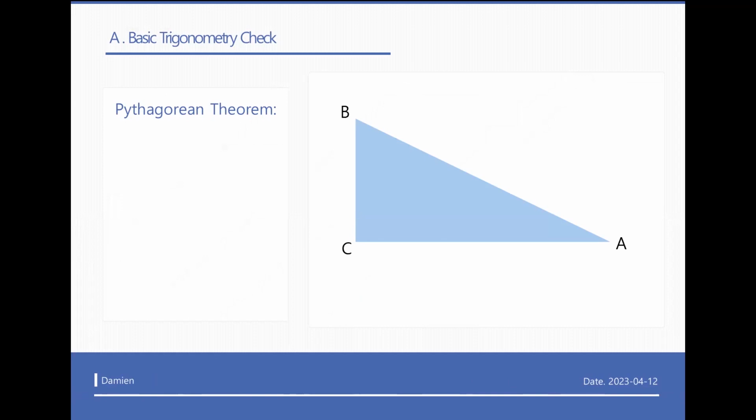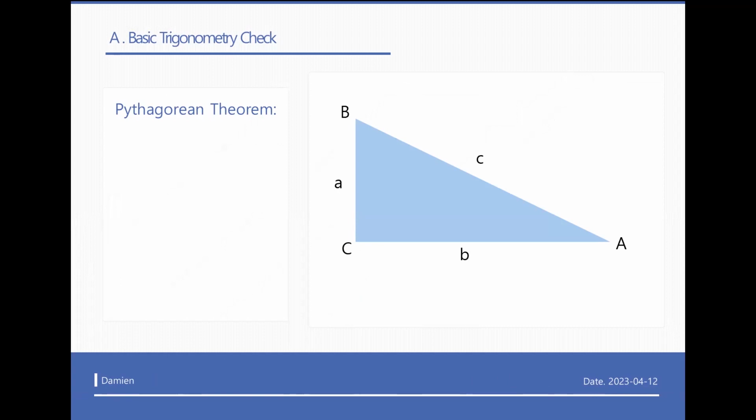The basic trigonometry number 1, Pythagorean theorem. This regards the right angle triangle, which is the most fundamental shape of all geometry. When we have a triangle like this, we can name the vertices and call it triangle ABC. Okay, where the vertices are called like that, we can name the sides to be A, B, and C in that manner as well.